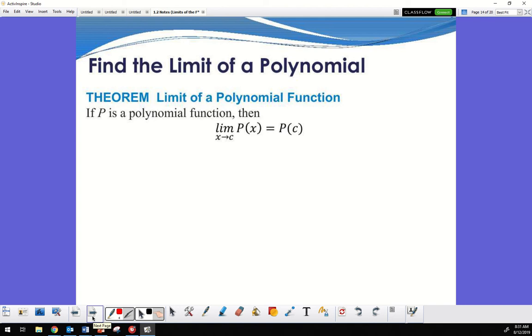Okay, so find the limit of a polynomial function. If P is a polynomial function, then it's basically going to be this: plug it in there, and whatever that spits out. Sometimes you're not going to get a number out of it, you're going to get another expression. You might get like a 2x minus 1 or something. That's what that means.